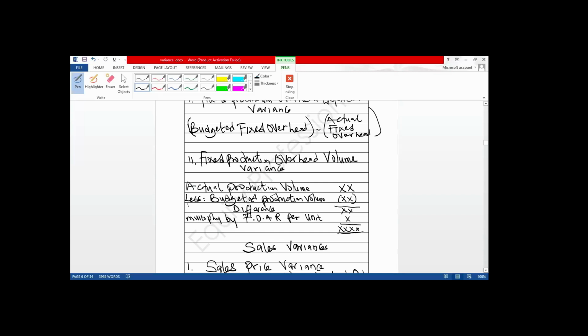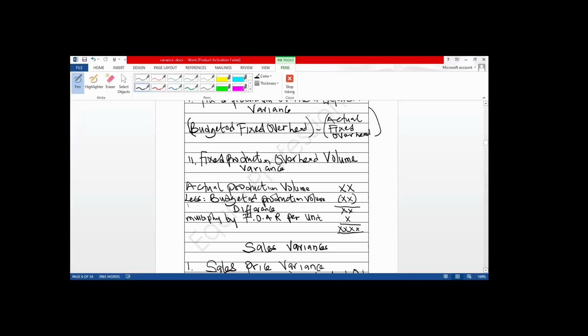Please, there's what we call cost per hour and cost per unit. You are going to watch it. If the variables involve hours, then we are going to multiply by cost per hour.